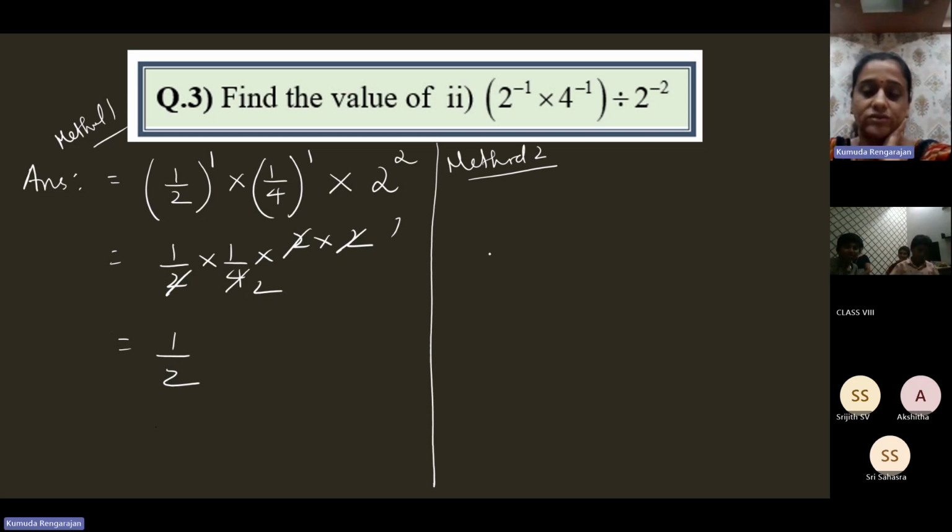Don't hide your faces. Yeah. So in the second method, what you can do is use the law: bases are different, but the power is the same and it's multiplication. So multiply the bases and raise it to the same power.